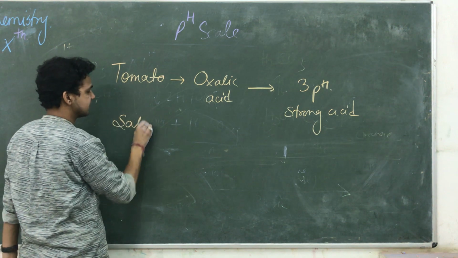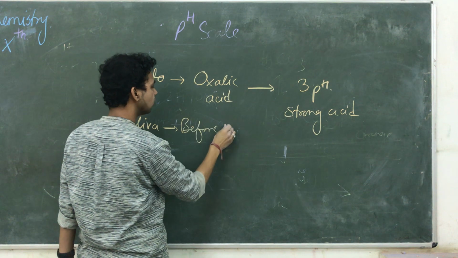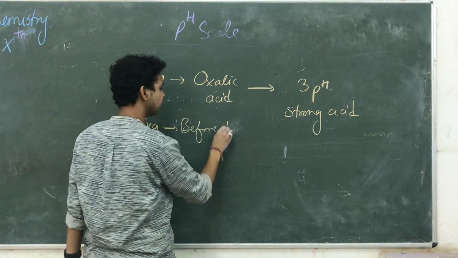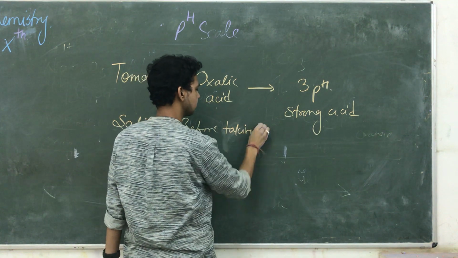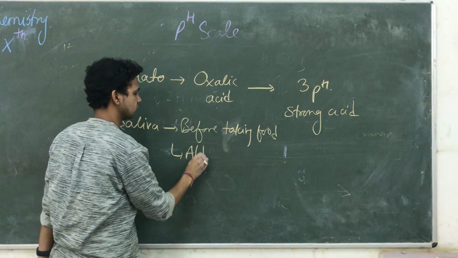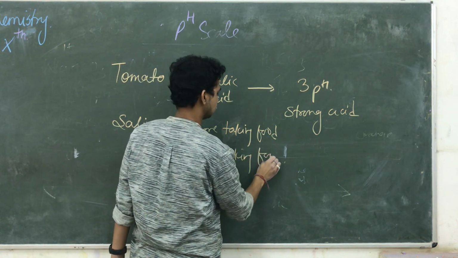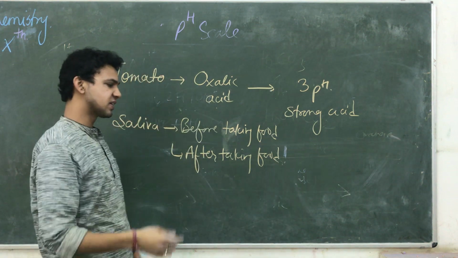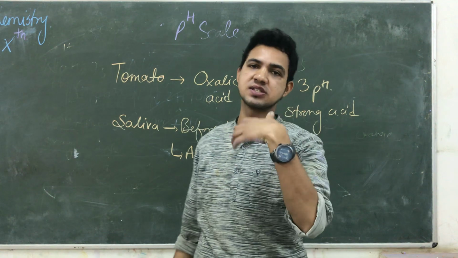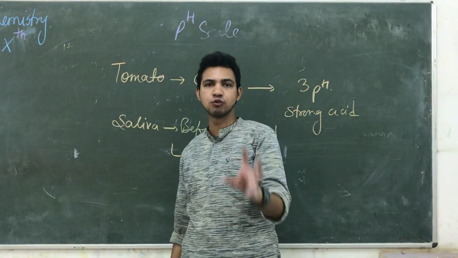Saliva, before food and after taking food. Saliva is a kind of liquid available inside your mouth, helping to pass food from your esophagus to the stomach. It gives you a fluid path.